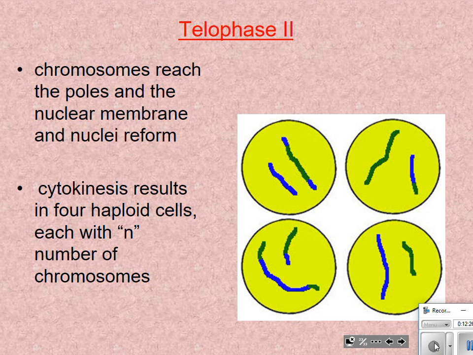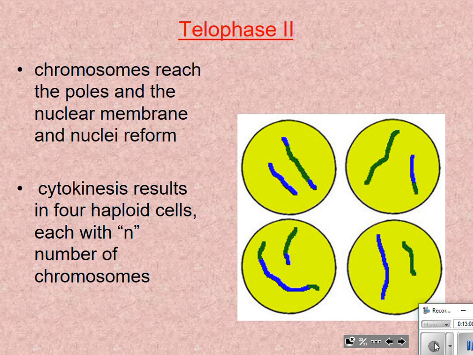All right? Now, remember, we said that what types of cells are produced by meiosis? The sex cells, we have a name for them. What did we call the sex cells? Gametes.